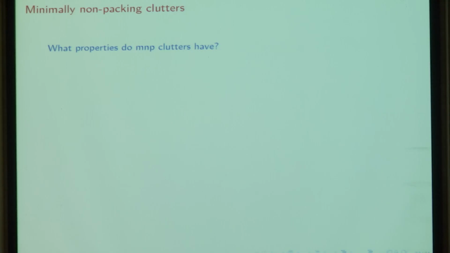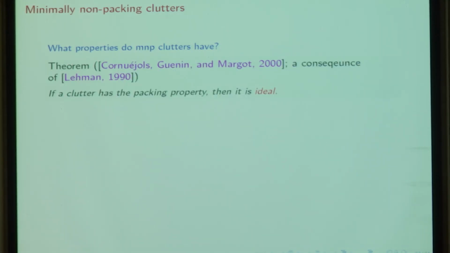So what kind of properties do we have? Gérard, Bertrand and François, about 25 years ago, proved the following. If you have a clutter that has the packing property, then it is ideal. I didn't define what it means to be ideal, but it means primal integrality. I'll get to the precise definition later.